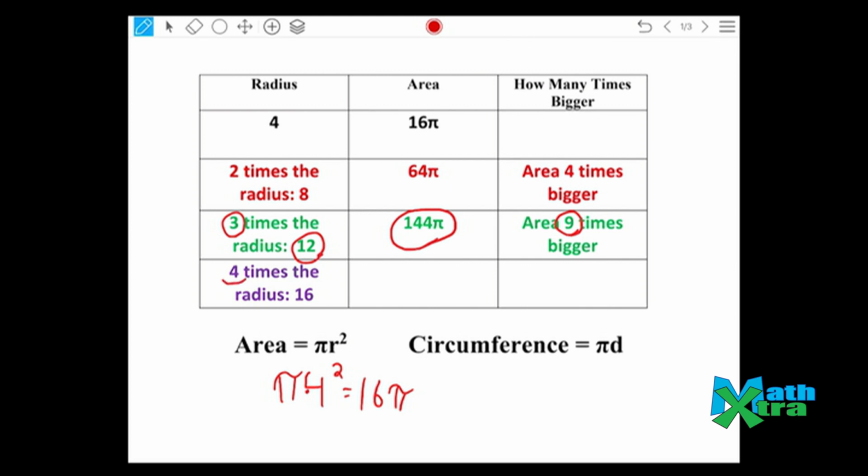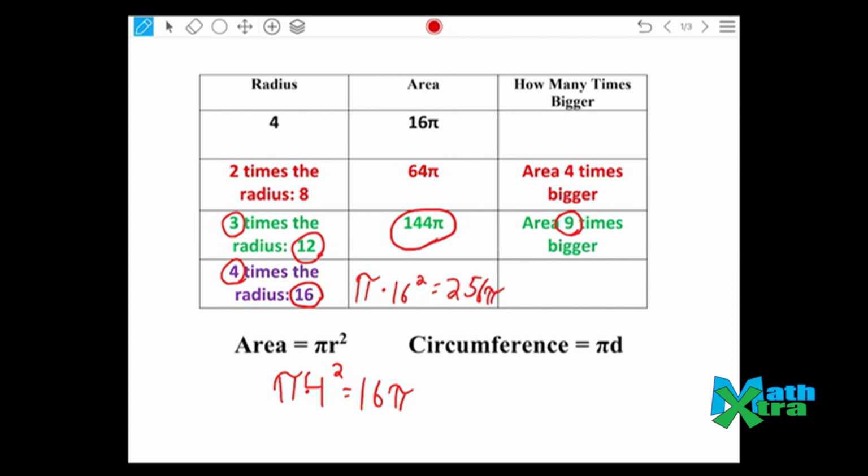So radius times 4, 4 times 4 is 16. And if we do pi times 16 squared, 16 times 16, not 32, 256 pi.